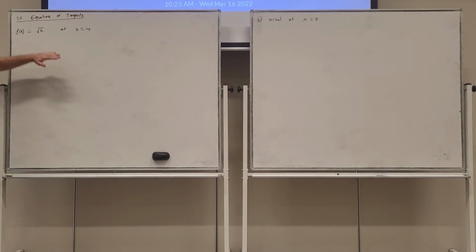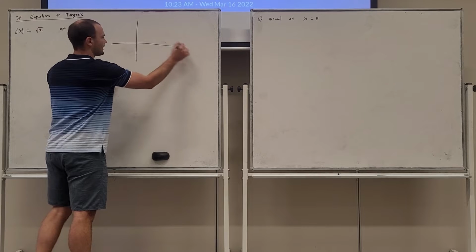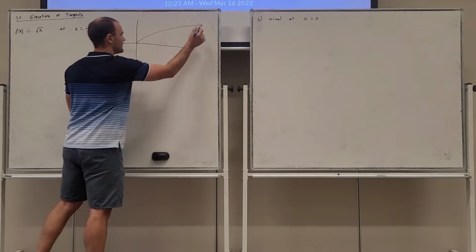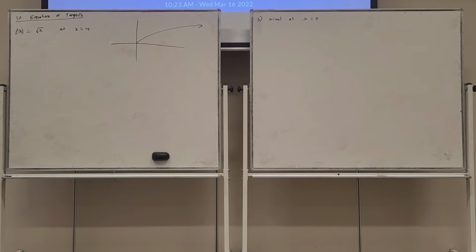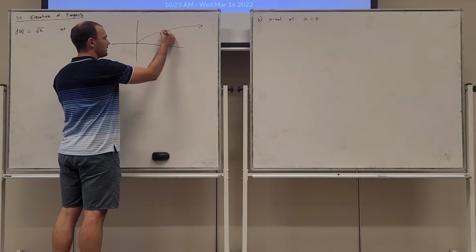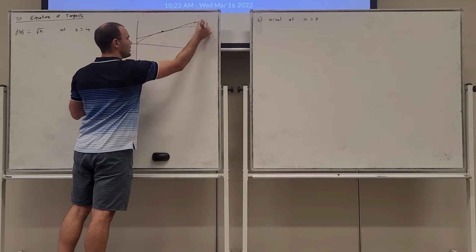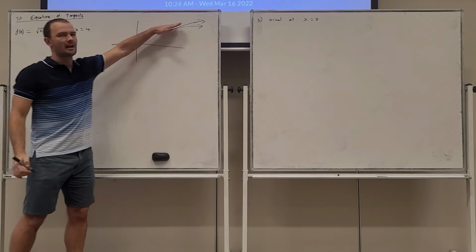I'm going to draw the function the square root of x, and what that looks like is this. Square root of x function looks like that. And if we want the tangent at x is 4, we want a line that is parallel to the curve at that point. So, we're trying to find the equation of that line.